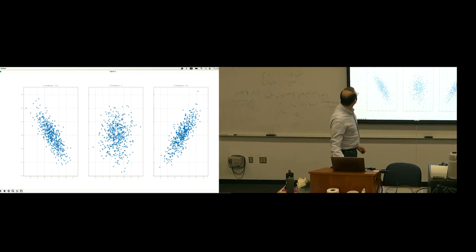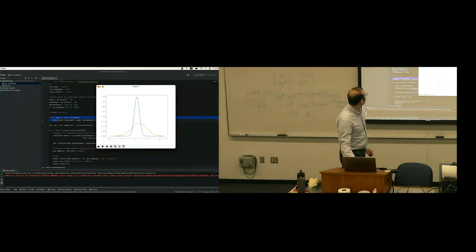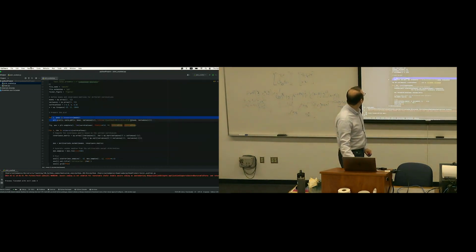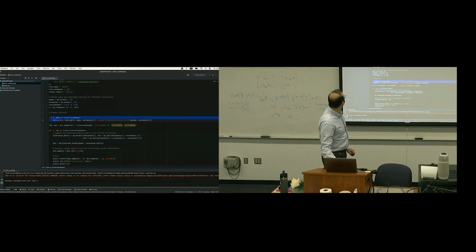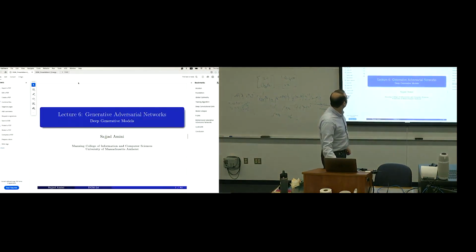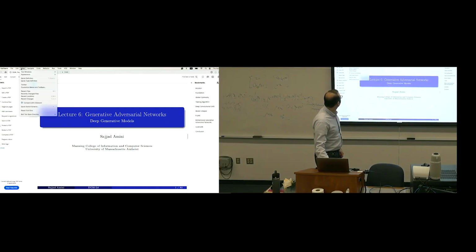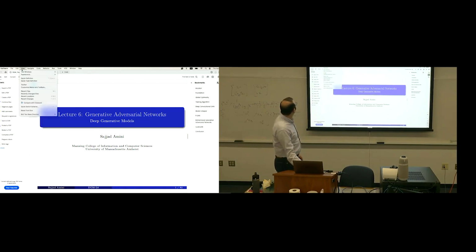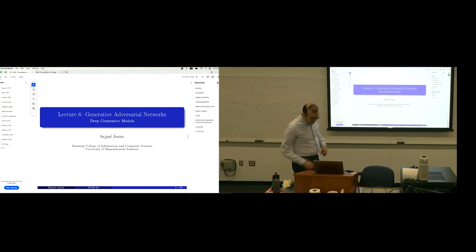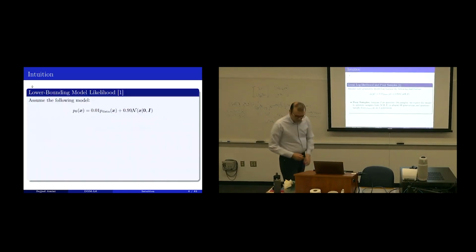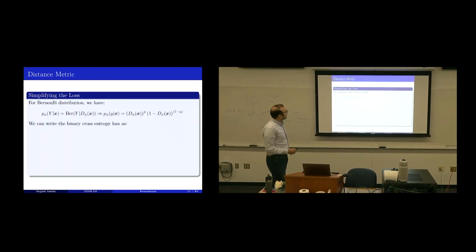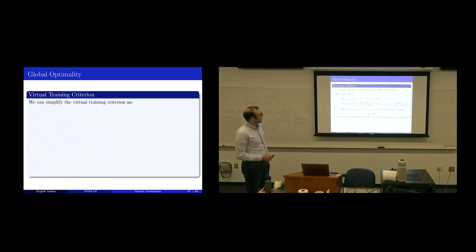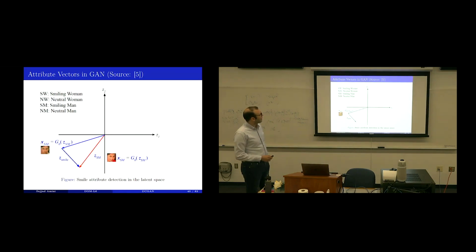Let's continue our discussion about GAN and finish GAN today. About the GAN, we see different types of GAN: F-GAN, Y-GAN, CycleGAN.